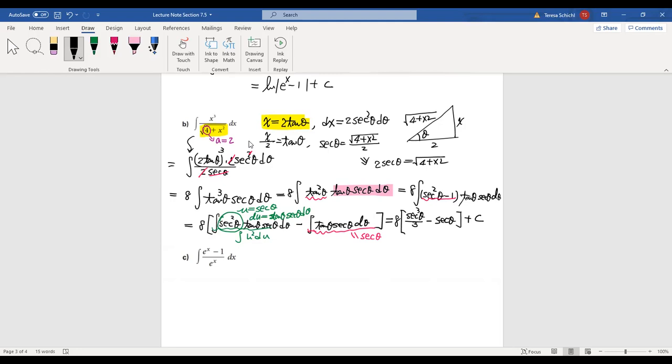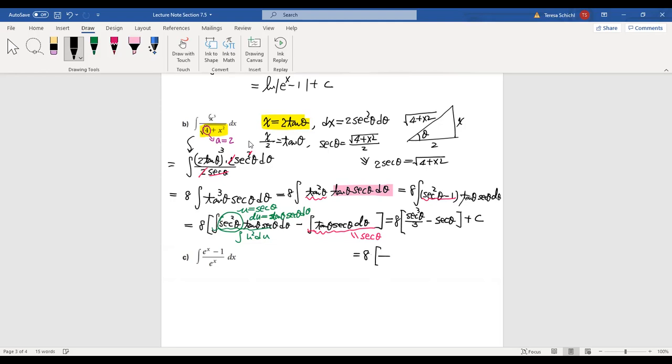But what is my final answer? It has to be in x, because my original problem is in x. So now you have 8 times secant. Secant is square root of 4 plus x squared over 2.